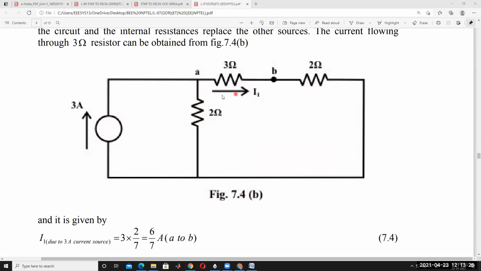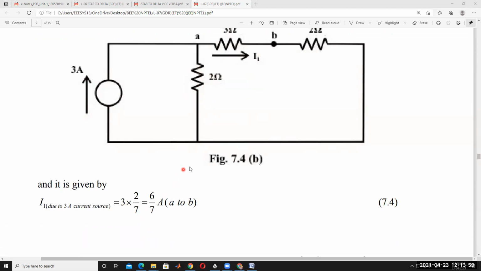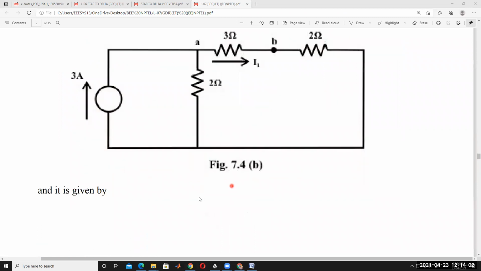Apply the current division rule: current I1 is equal to total current, that is 3 amps, into the opposite resistor, that is 2 ohms, by the sum of the resistances, 2 plus 3 plus 2, which is 7. So we get I1 equal to 2 by 7 of 3 amps, and the current direction is A to B, that's why it is positive.